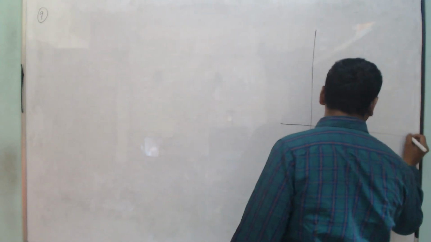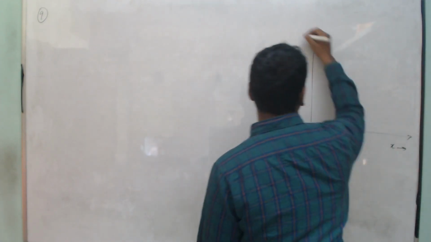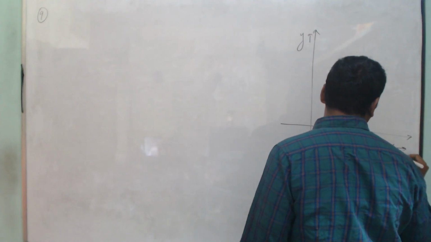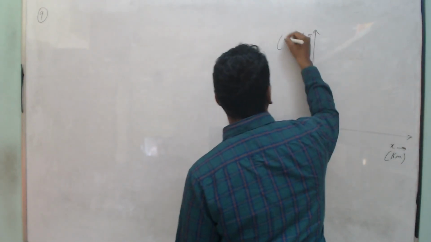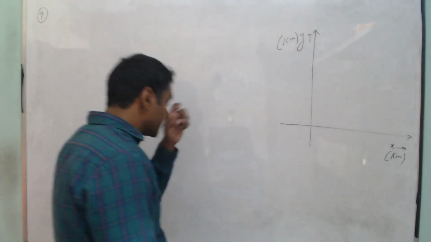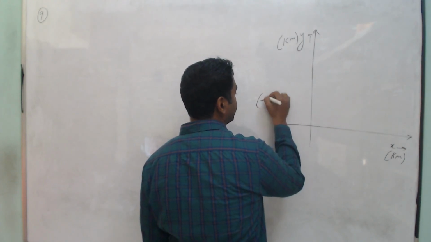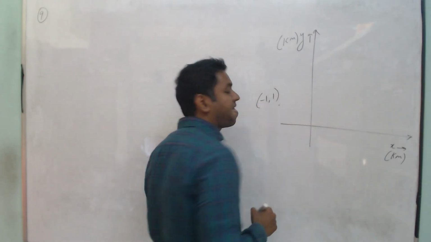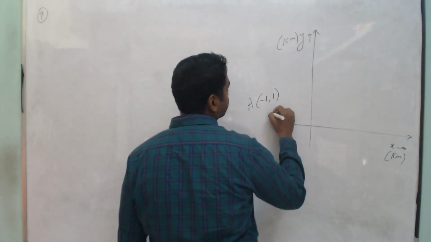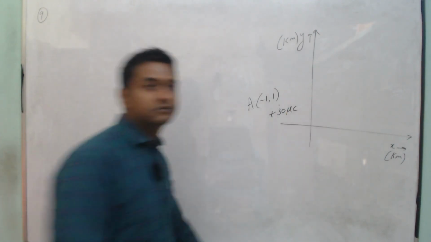So this is x-axis, y-axis. X-axis and y-axis are in terms of kilometers. Let us choose 2 points. -1, 1 is point A, and it has a plus 30 microcoulomb charge.